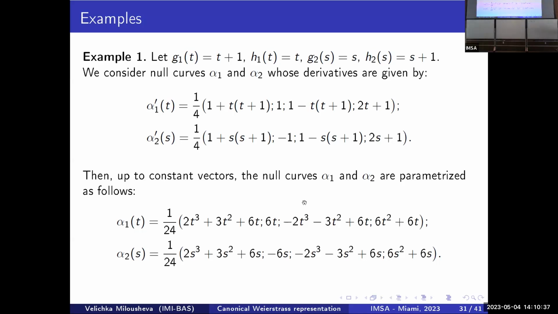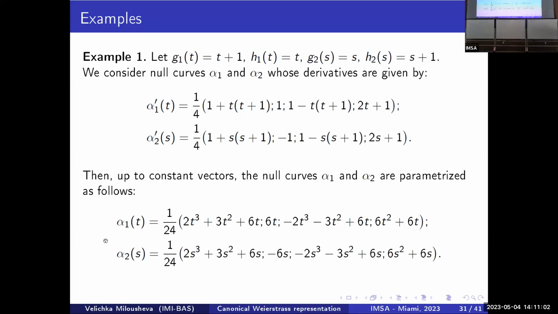In this example, we take G1, H1, G2, H2 to be defined in this way in terms of T and S. And if we consider the null curves alpha 1 and alpha 2, whose derivatives are given by these formulas, then after integration up to constant vectors, these null curves are parametrized in this way.